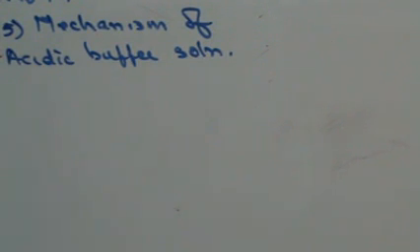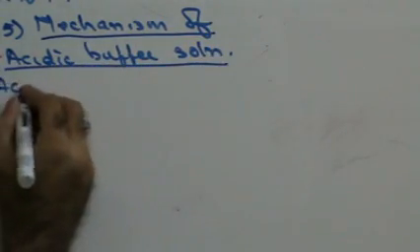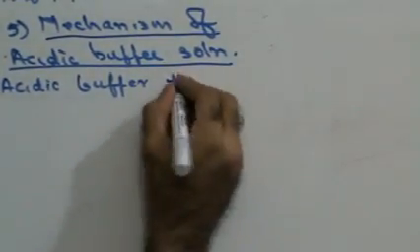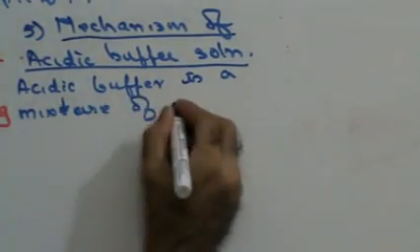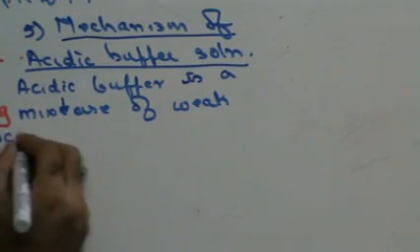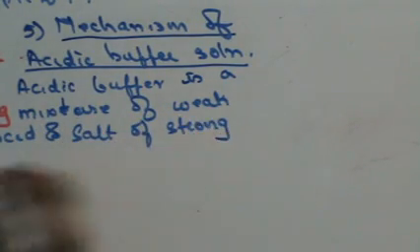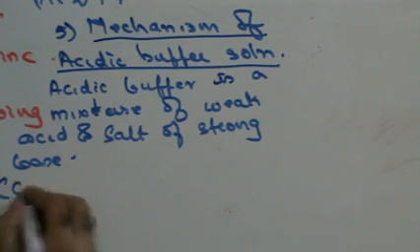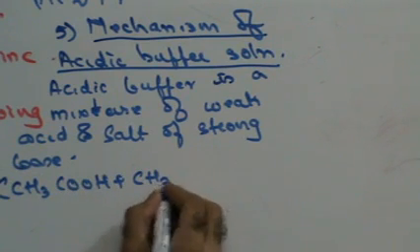So, I can say that an acidic buffer is a mixture of weak acid and salt of strong base. Let's consider that I mix acetic acid with sodium acetate. Acetic acid, that's my weak acid, and salt of strong base, sodium acetate.